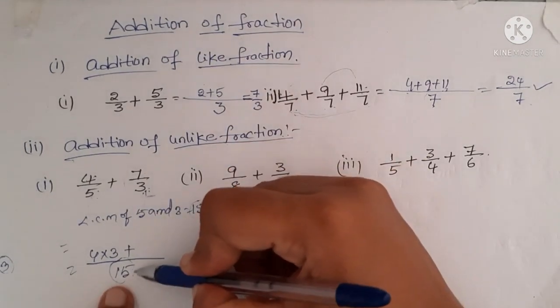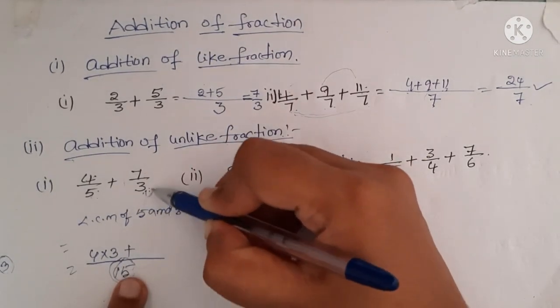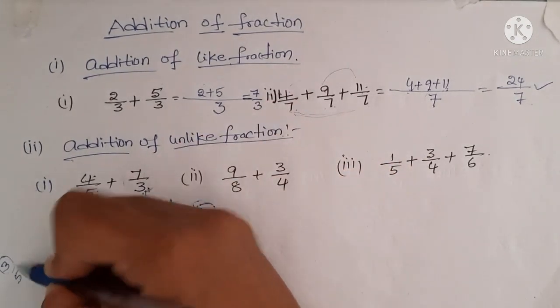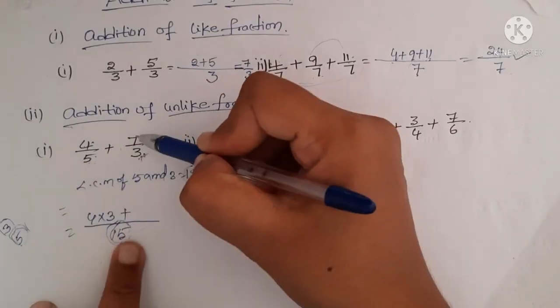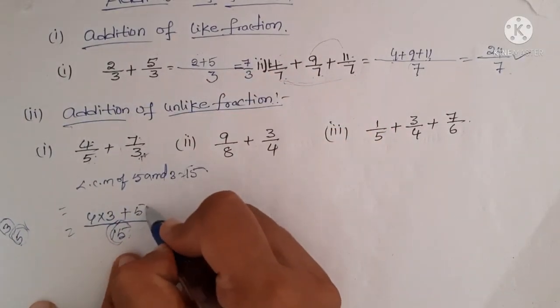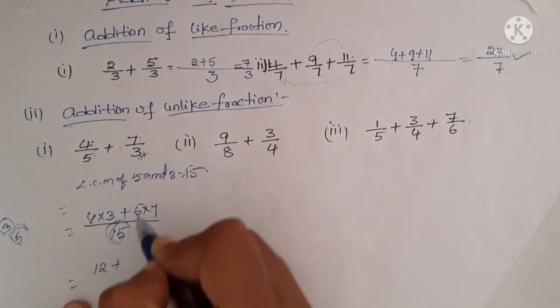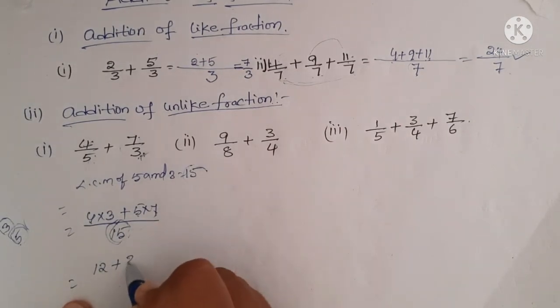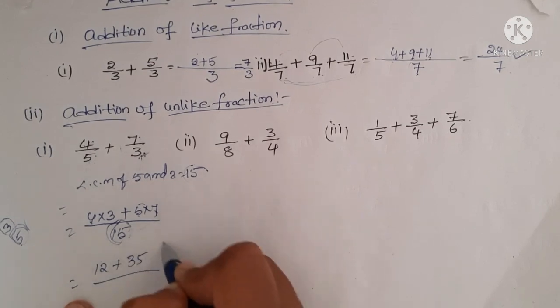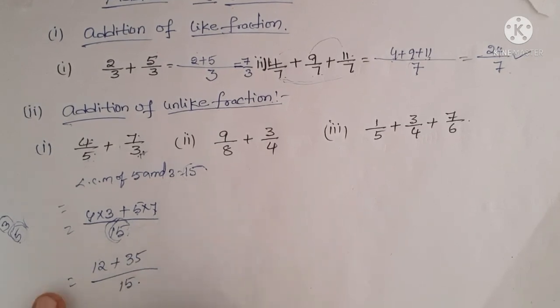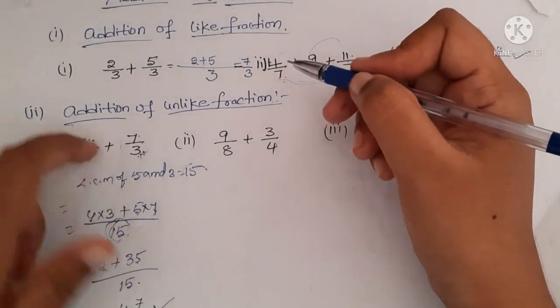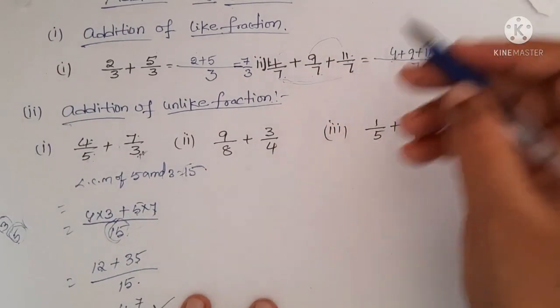And now again 15 is divided by 3. What will we get? 5. So this 5 is multiplied with 7, 5 into 7. 4 into 3 we will get 12. 5 into 7 gives 35, by 15 as it is here. And now 35 plus 12, how much? 47 by 15. This is the answer of the given addition of unlike fractions.